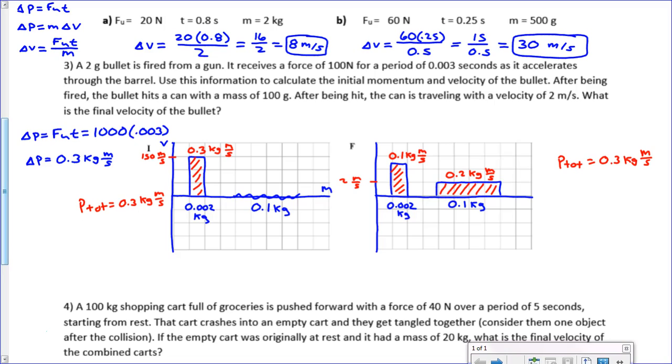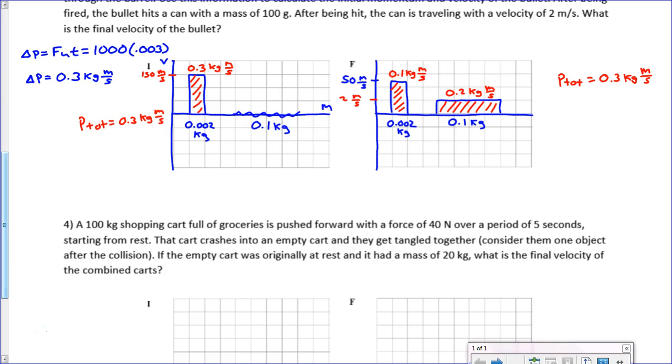If you take its momentum and divide it by its mass, you get its velocity, and we get 50 meters per second. Clearly, everything's not to scale here. It's hard to draw it so that everything's to scale, but as long as you get the general idea, that should be good to go. So V final for this bullet is equal to 50 meters per second.